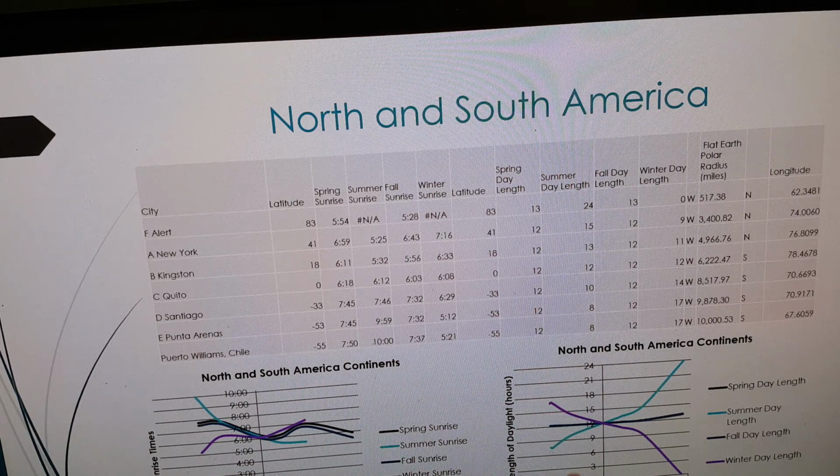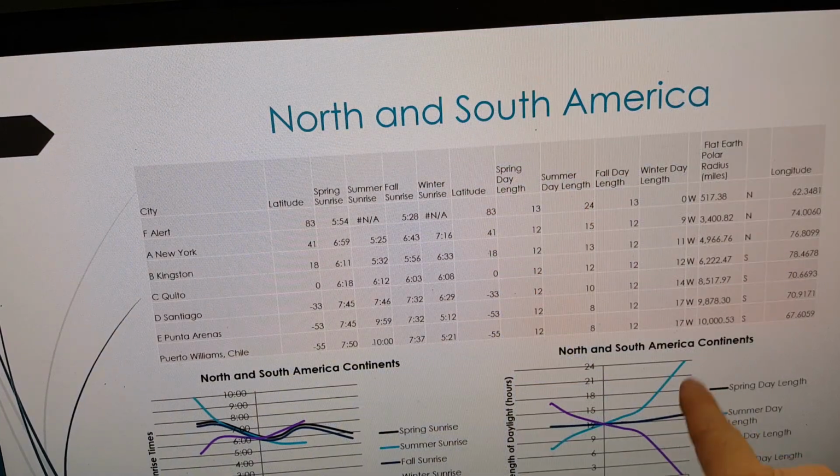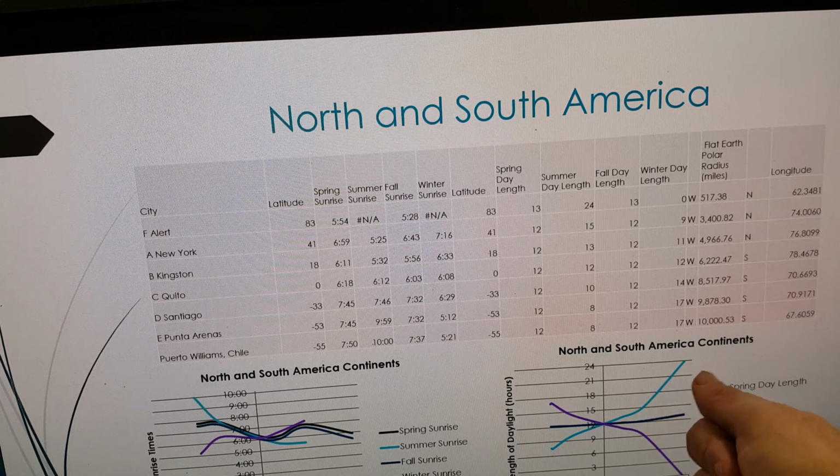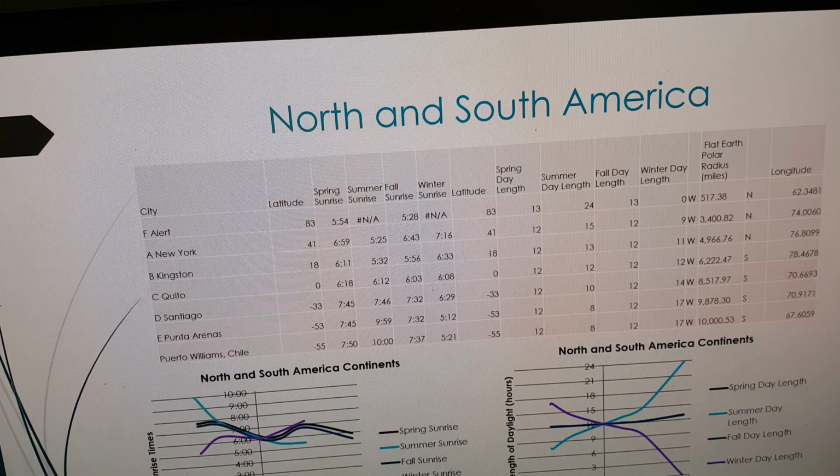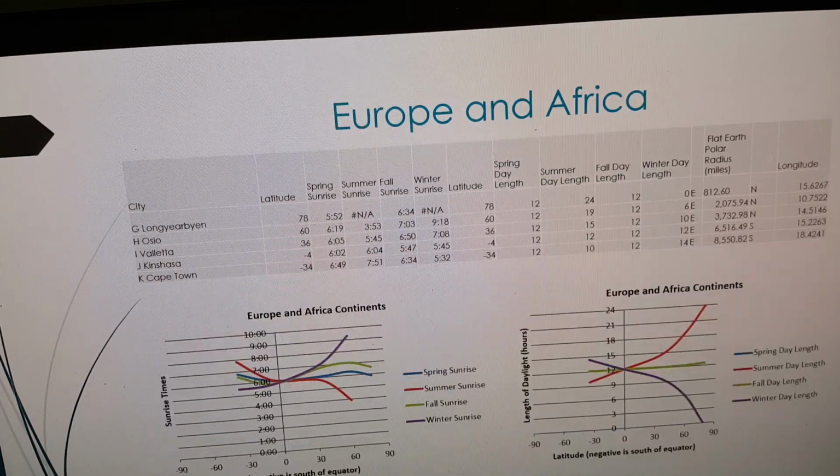Then for the summer solstice, day length is very short in the southern hemisphere, and it gets very long in the northern hemisphere, up by Alert, Canada. You can see we have almost 24-hour long days. Okay, so this is for North and South America.